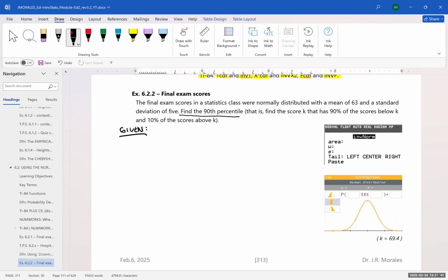Final exam scores in a statistics class were normally distributed with a mean of 63 and a standard deviation of 5. Now find the 90th percentile. Let's draw what we've got first.